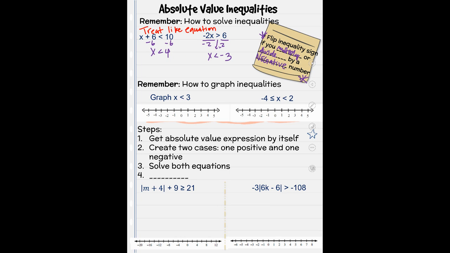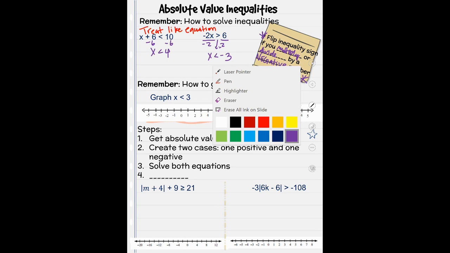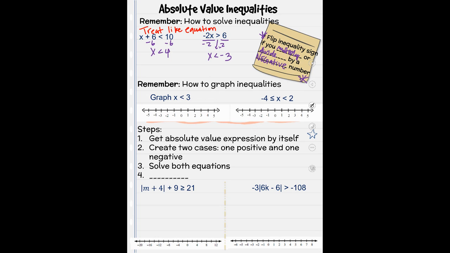All right, and we also in the past have graphed our inequalities on a number line. But I'm going to review that briefly here. So we've got x is less than 3. That means whatever x is, it's going to be smaller than 3. So it's going to be everything to the left of 3.